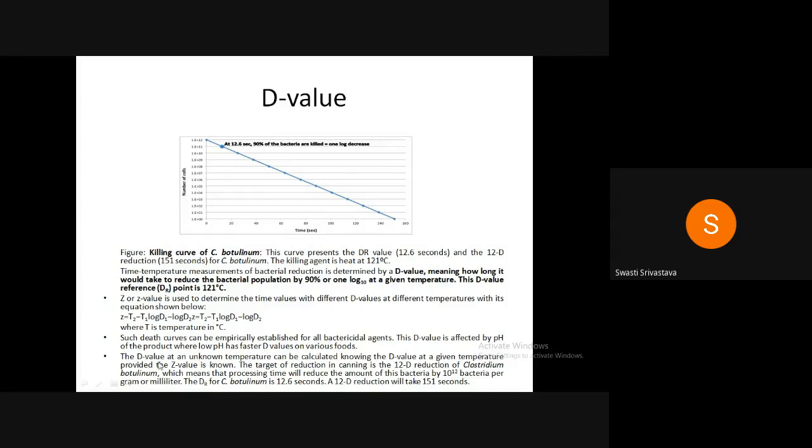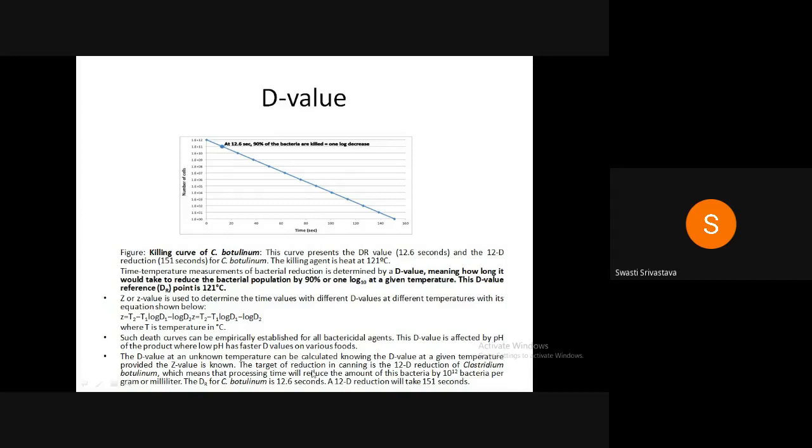The D value at an unknown temperature can be calculated knowing the D value at a given temperature, provided the Z value is known. So if you have a D value at a given temperature and the Z value is known, then you can calculate the D value at the unknown temperature.